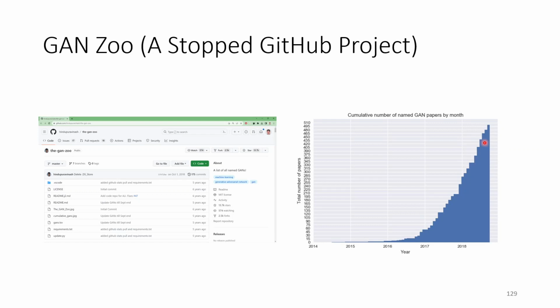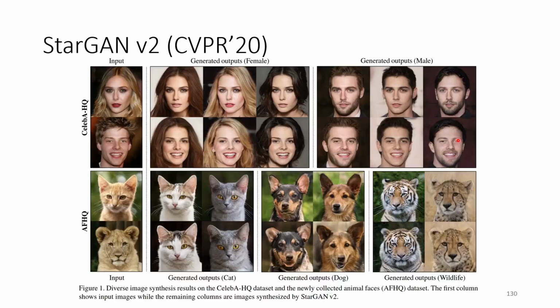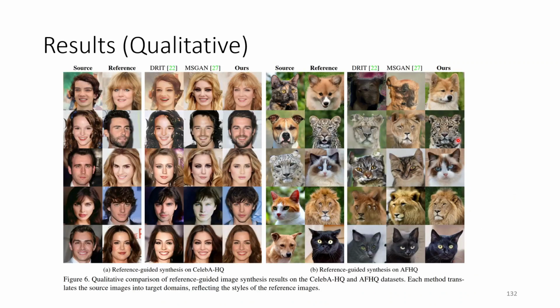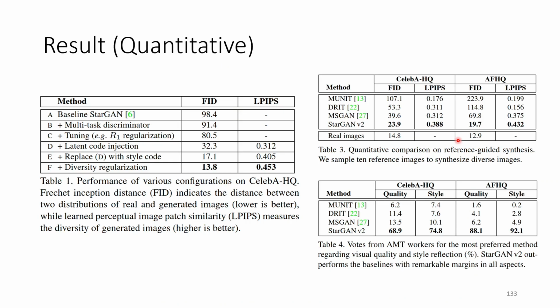And he did it for a few years, and finally he gave up, because there are too many GANs available in the world. For example, we see StarGAN, and 2 years later, they published another one, StarGAN V2. Okay, with some modification, and results. So they compare their previous one and the new one. They show, okay, the new one is better because they made some modifications to their architecture.